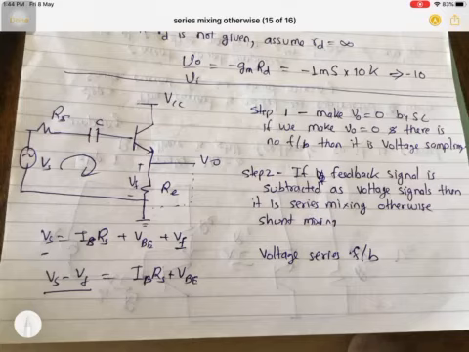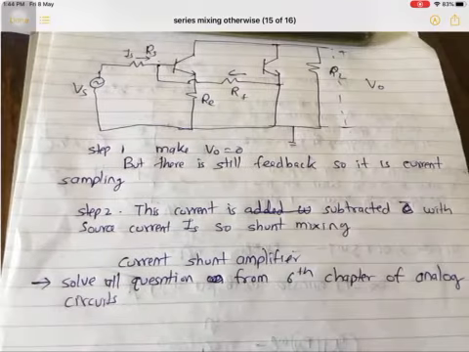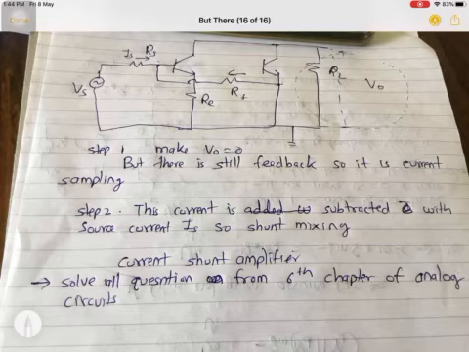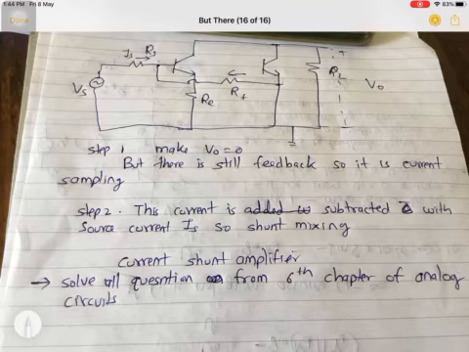But now if we talk about the next question, if we make V0 0, there still will be a feedback from the RF resistor that will be added or subtracted to the input. So there is still a feedback, so the sampling is in the form of current.